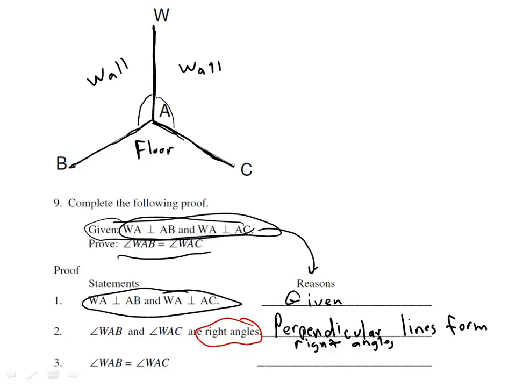So angle WAB and angle WAC are equal, because all right angles are equal. And that's the corollary to the definition of a right triangle. So that's all we have to say. All right angles are equal. And it's done.